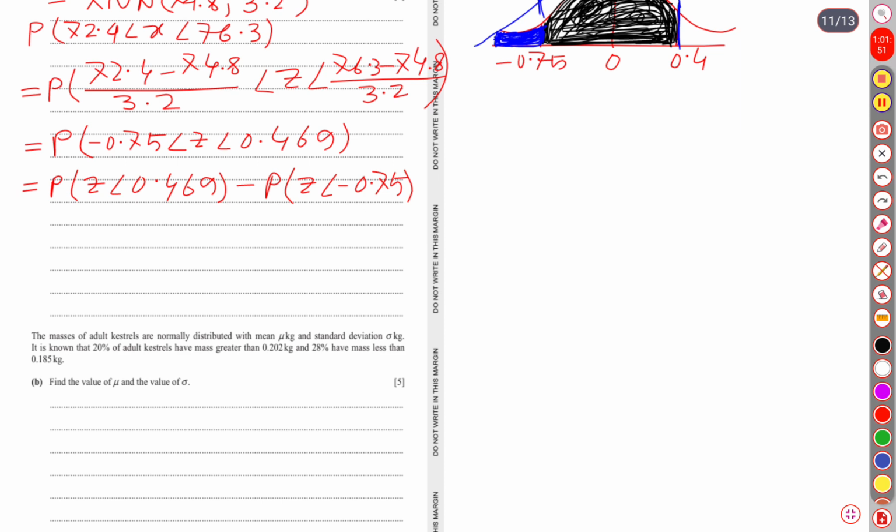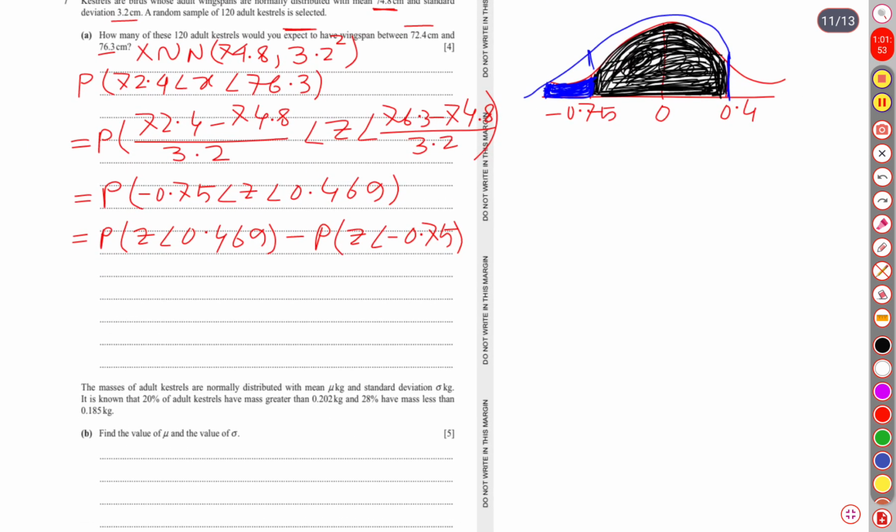So we are going to find the value of the probability of z less than 0.469, minus. Now for this shaded region, I will have to draw one more figure. Let me draw a figure.